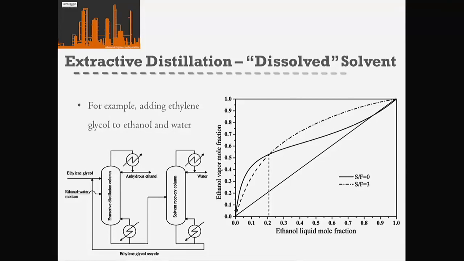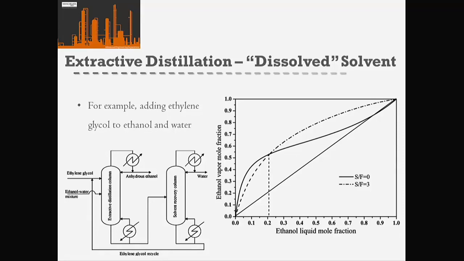The vapor-liquid equilibria for that component, because its volatility is so low and it's got such a high boiling point, is that the composition of that component in the vapor phase is always so small, we can essentially ignore any vaporization of that component.